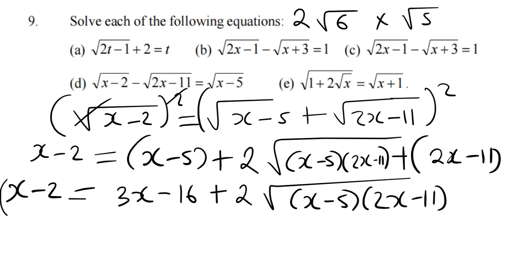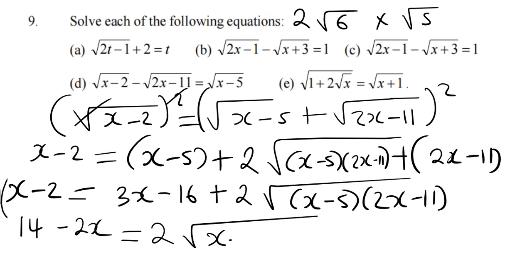So I'm going to have 14. Then if I take the 3x to the other side, it's going to be negative 3x. Negative 3x plus x, I'm going to have negative 2x. This will be equals to 2 the square root of x minus 5, 2x minus 11.